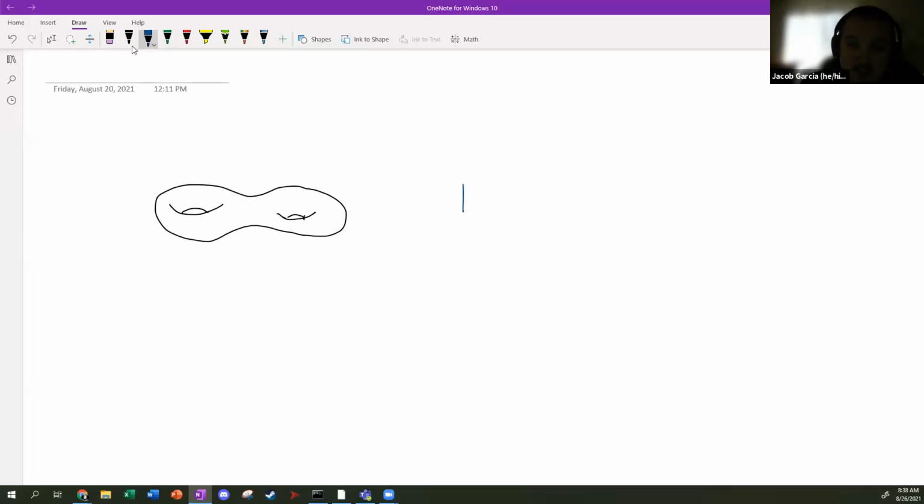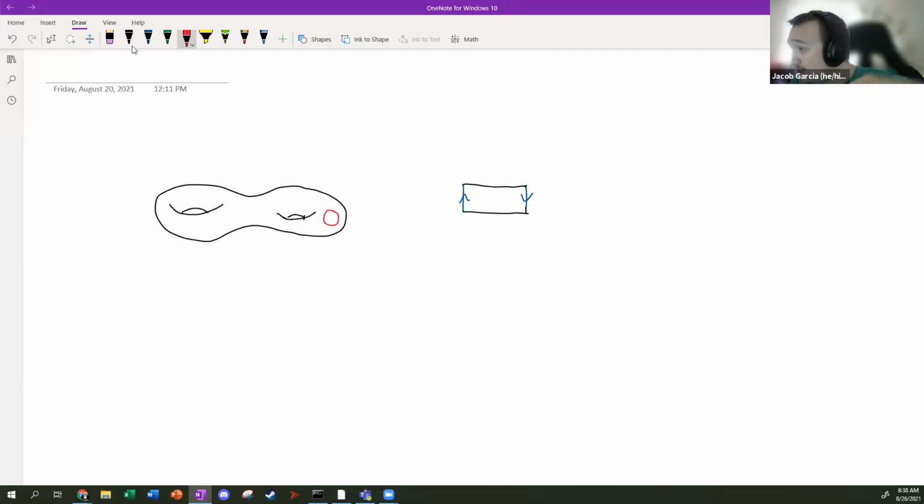And a Mobius band. Right. And I'm supposed to identify a circle, which bounds a disk, and the boundary of this Mobius band, and I'm supposed to glue this circle to the boundary of this Mobius band.